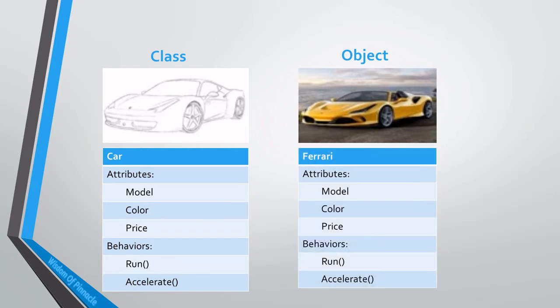So whenever we create an object, those would be available. So here, Ferrari for example is my object. In that case, the Ferrari car object is going to possess all the attributes of the Car class. Here also we have model, color, price, and behavior as run and accelerate. So this is how class and object are related to each other.